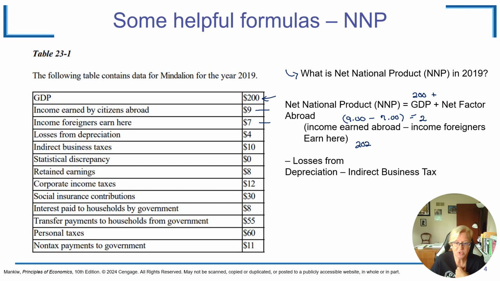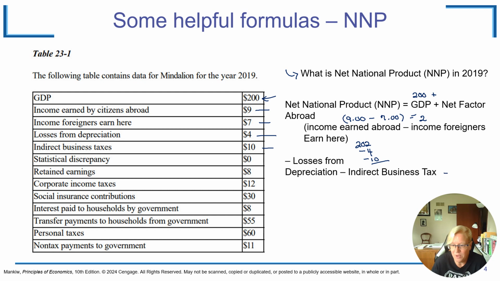Now we're going to subtract from that the losses from depreciation. Here are our losses from depreciation, so we're going to subtract 4. And we're going to subtract indirect business taxes, which is 10. Because chapter 4 is giving me so many problems, I'm going to do this on the calculator, even though I probably could do it in my head, but it always is better for me when I'm a little stressed to do it this way.